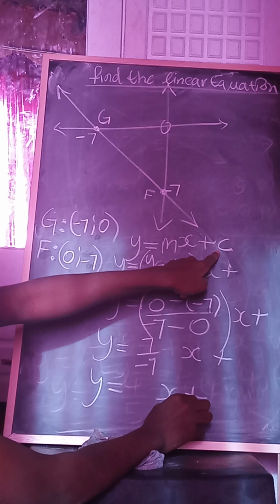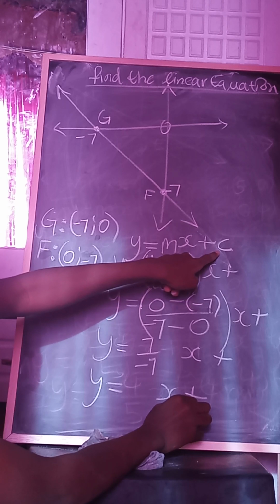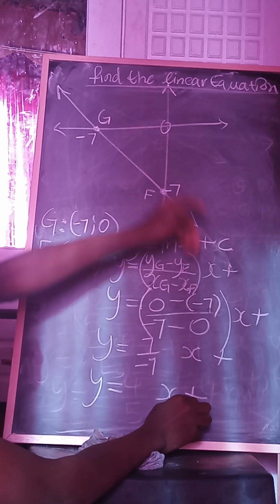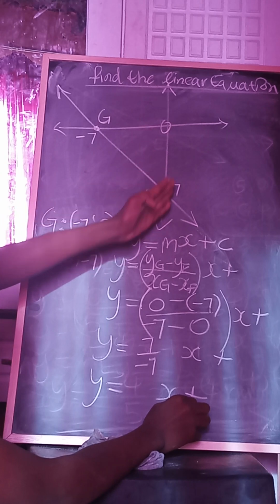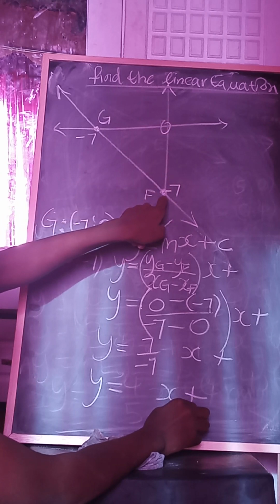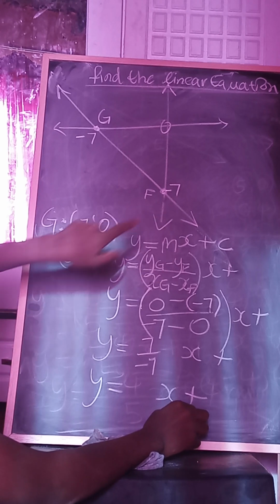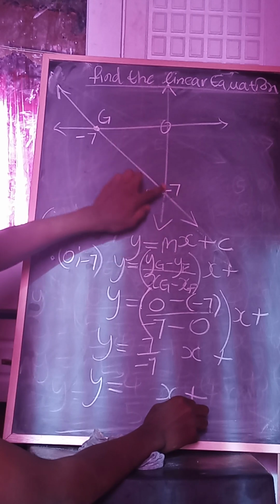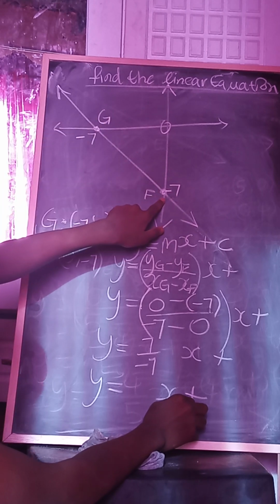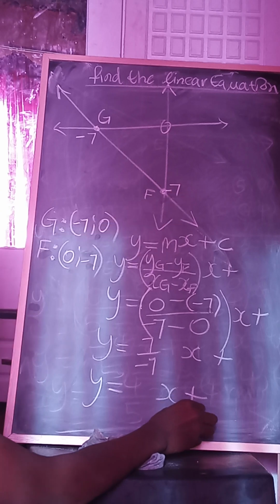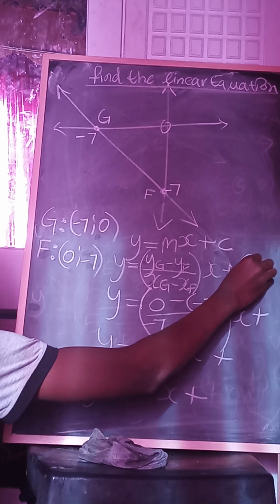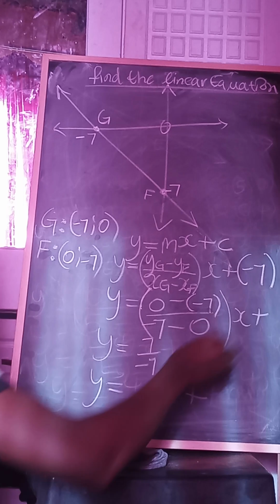What is our c? Our c is where the line cuts the y-axis, which is the y-intercept. So our c is negative 7, because this line cuts the y-axis at negative 7. So you introduce brackets, then you put your negative 7.